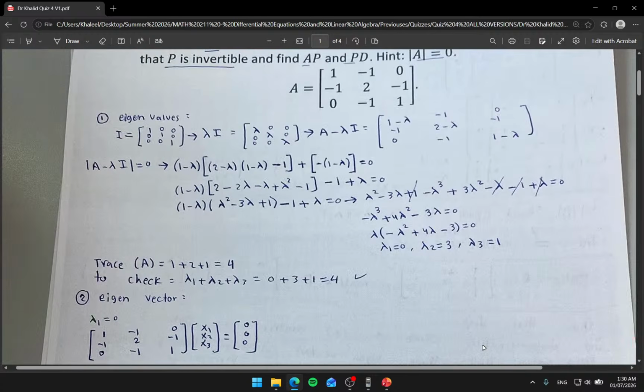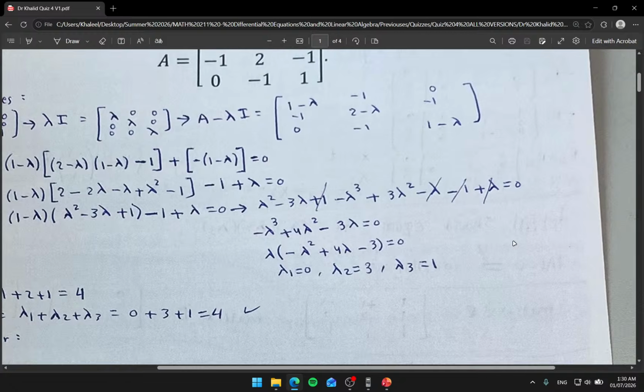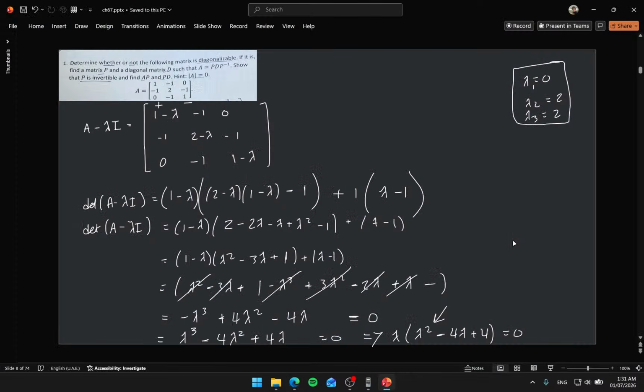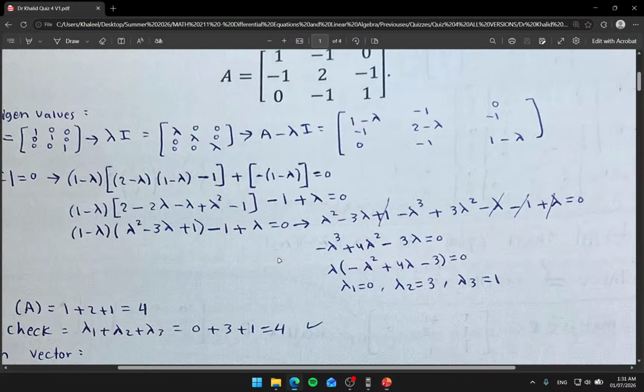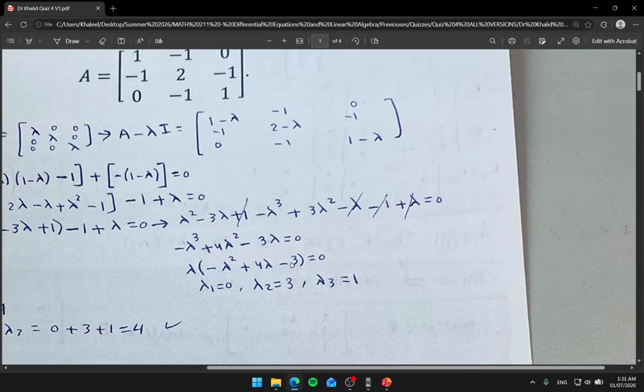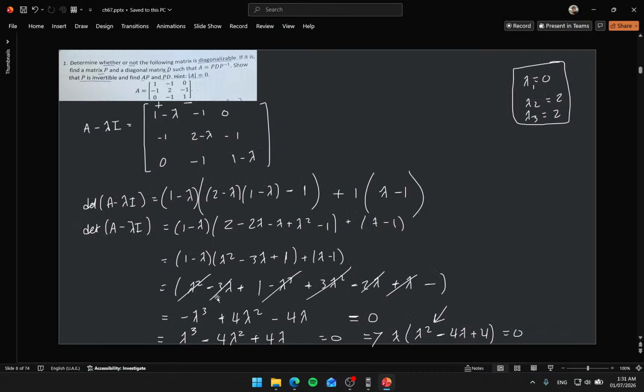Don't tell me I made a mistake somewhere. No. Okay, negative lambda cubed plus 4 lambda squared minus 3 lambda minus 2 plus 1 is -4.